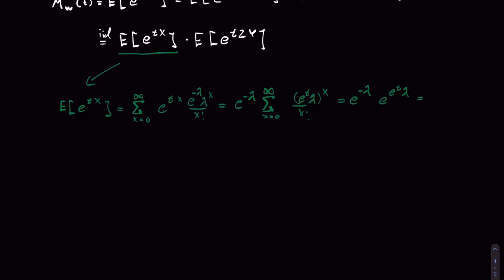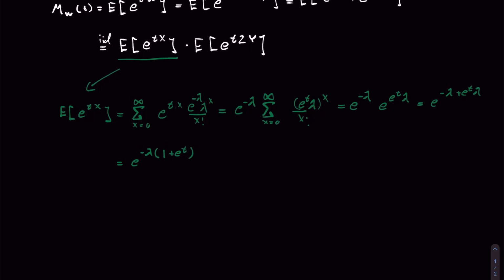Just to simplify this a little bit, that is minus lambda plus e to the t lambda, and that is just minus lambda times 1 minus e to the t. So now we have the MGF for this term here.